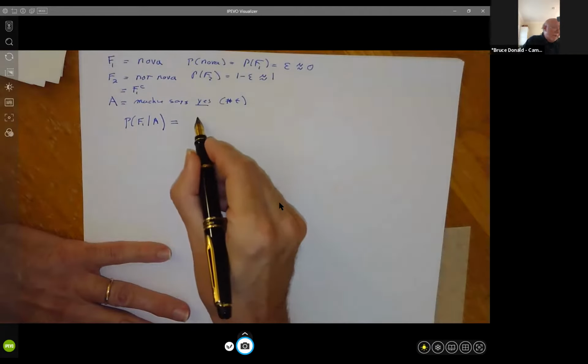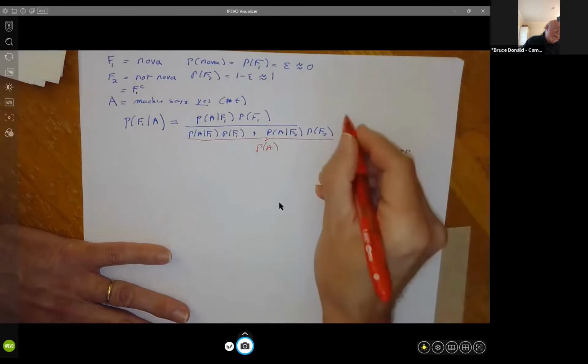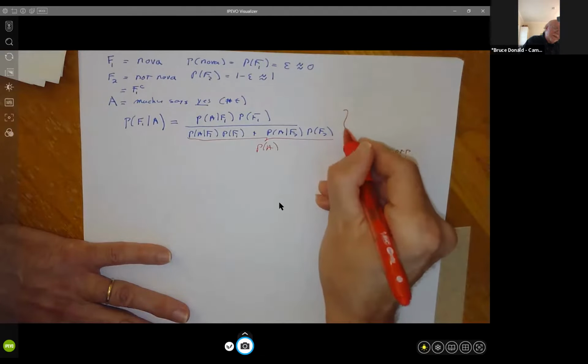And just not to put too fine a point on it, this is the probability of A, and we know that by the law of total probability. And we know this from Bayes' theorem. So we're just using the theorem here. Okay, so we have this formula. How do we calculate? Well, let's start putting in some numbers.